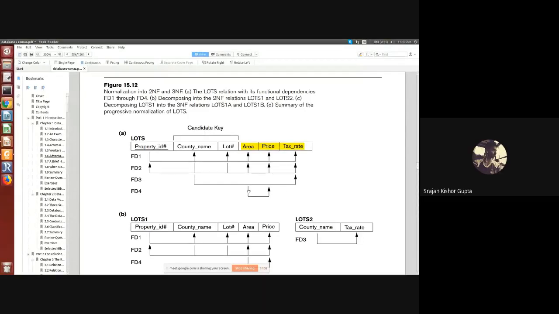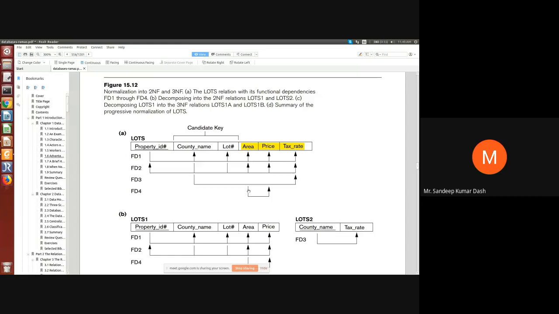No, sir. Not allowed or you don't know? Not allowed, sir. How? Because it should be dependent on either the primary key or some of the candidate keys, sir.